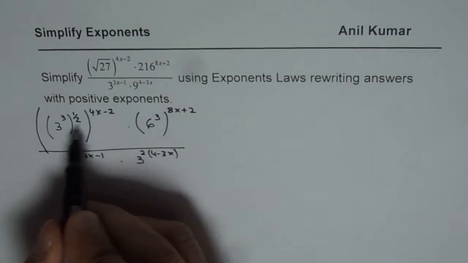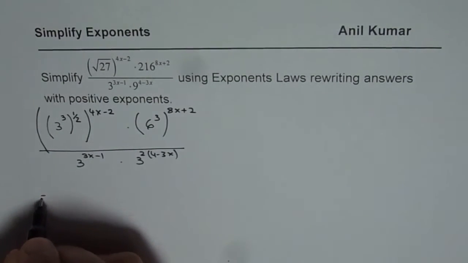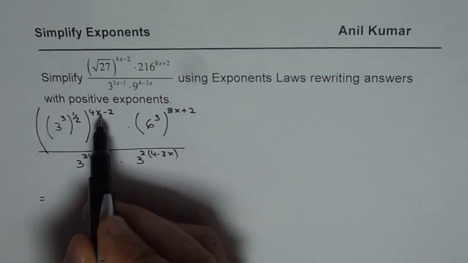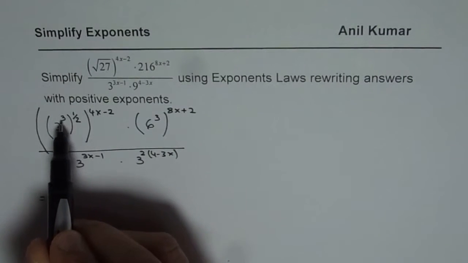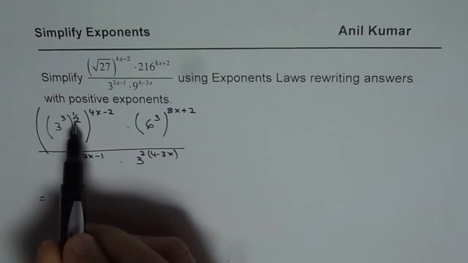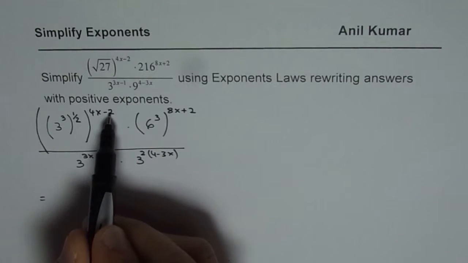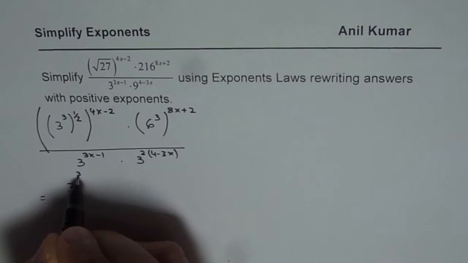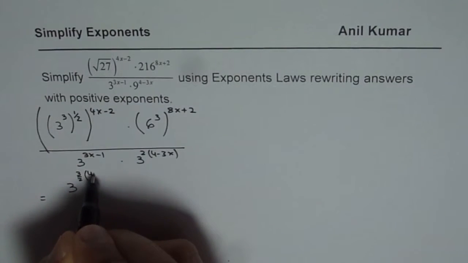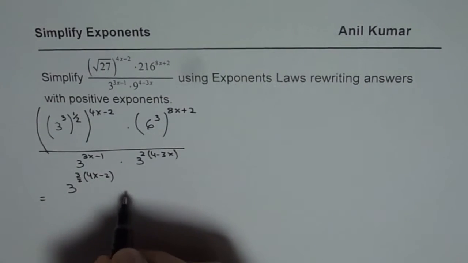Now we'll simplify each term. We'll apply the power rule and multiply in layers. So 3 gets multiplied with half, that is 3 over 2, which gets multiplied with 4x minus 2. So what we get here is 3 to the power of 3 over 2 of 4x minus 2, is it okay?